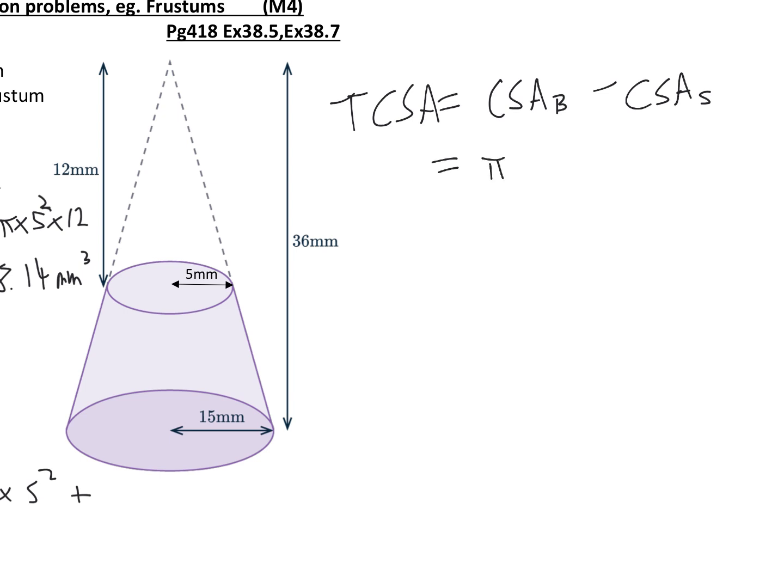Surface area for a cone is pi rl. For the large cone, pi times 15 times the length. We don't know the length, do we? We don't know this slant height. So that's another problem we're going to have to work out.